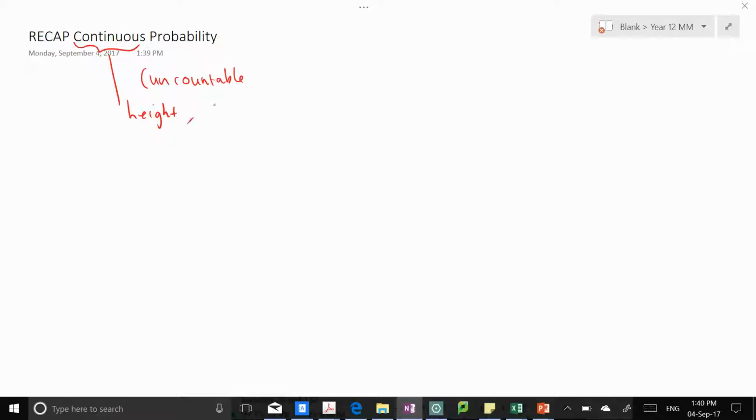Height. Give me another example. Something that can be measured. So give me an example: time, length, weight, speed.